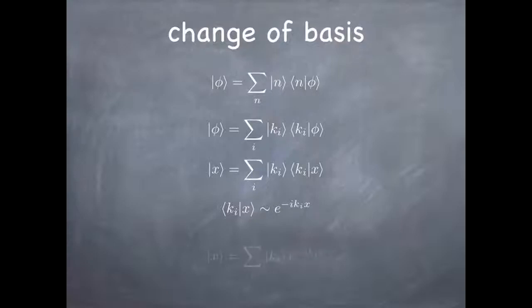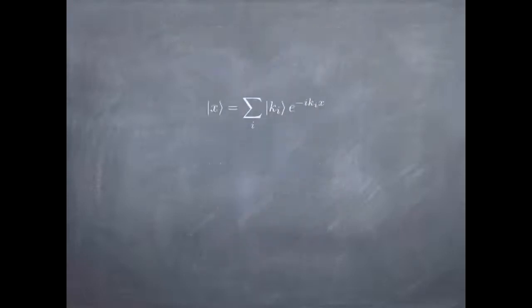I can put that in as k sub i on x, and I can get an expression that tells me how to write down the ket that corresponds to a particle at a definite position in the basis of plane wave momentum eigenstates. So we're going to use that.